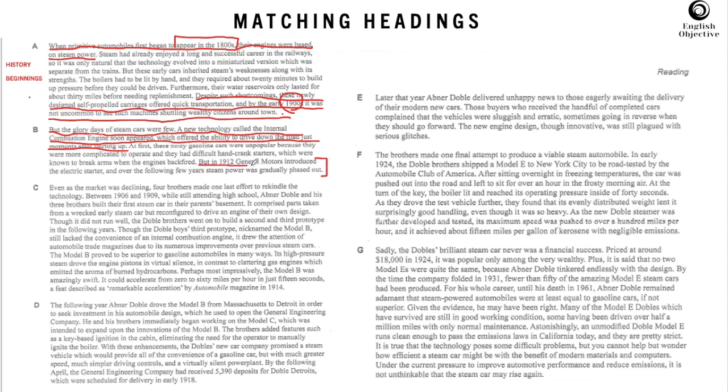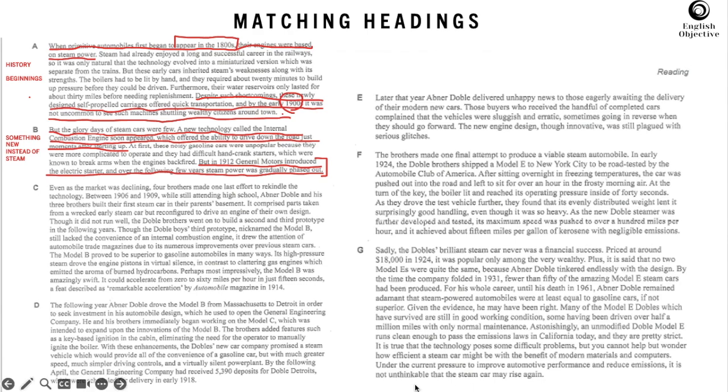But in 1912, General Motors introduced the electric starter, and over the following few years, steam power was gradually phased out. Okay, so it was about to disappear. It disappeared. So let's write something like: something new appeared instead of steam.